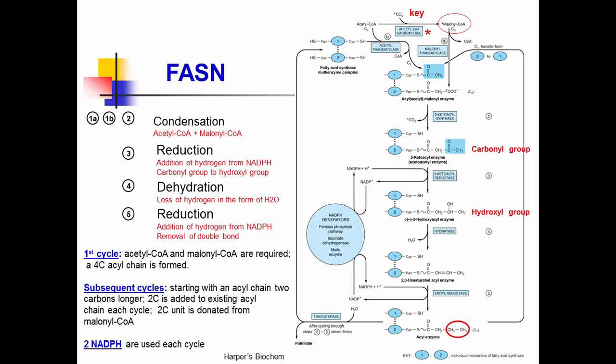I mean, what the starting molecules and substrates are, and how fatty acid is synthesized. It goes in cycles, and each cycle you add two carbons, right? And the carbon donor is malonyl-CoA, right? Just the whole process, not the details.